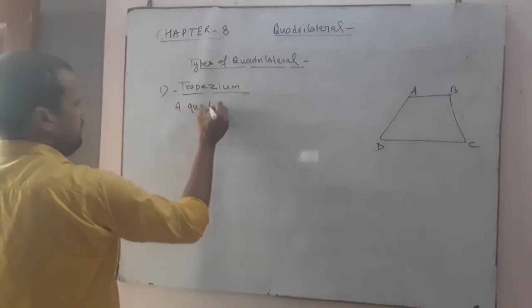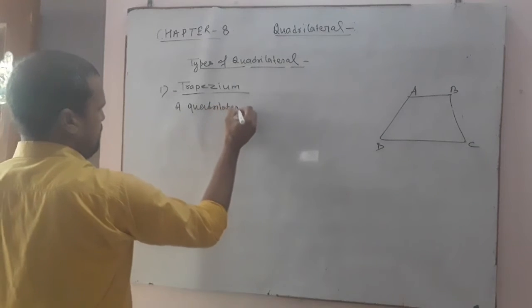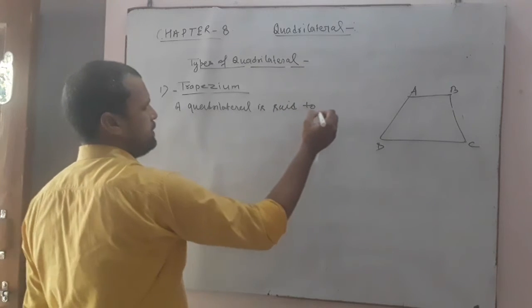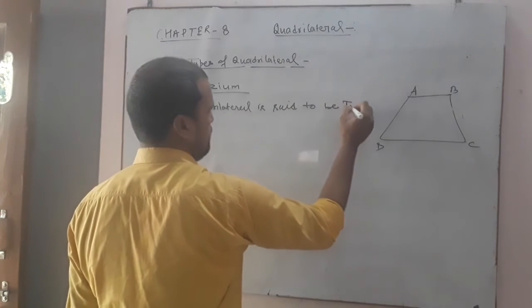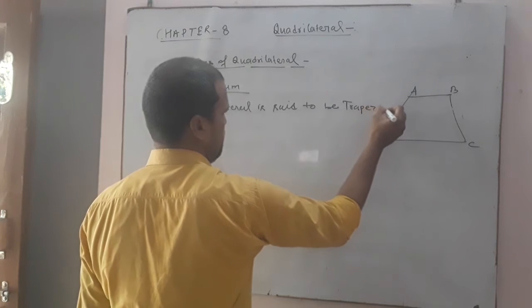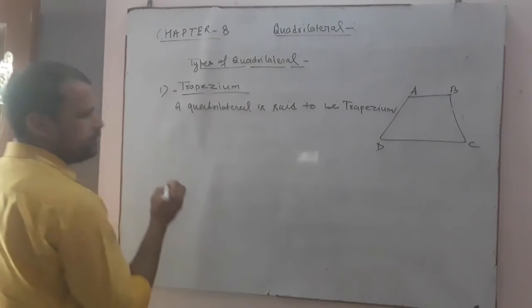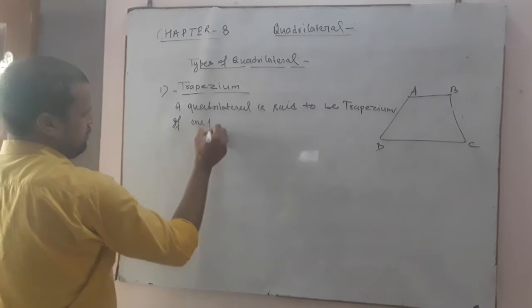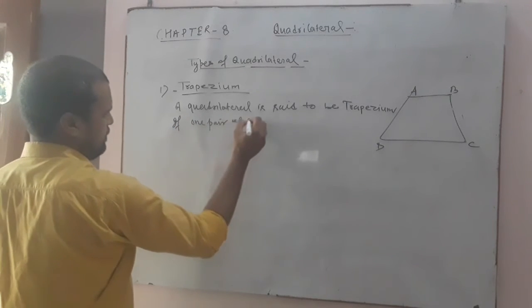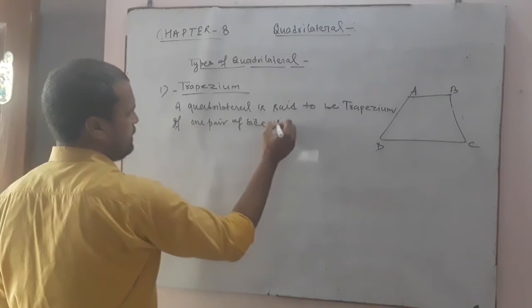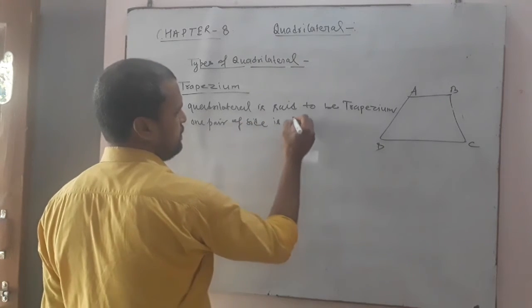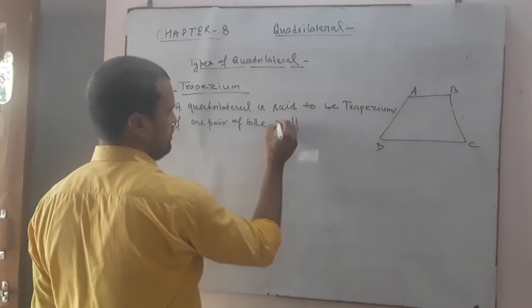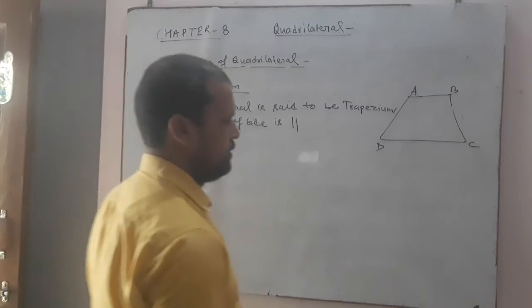A quadrilateral is said to be a trapezium if one pair of sides is parallel.